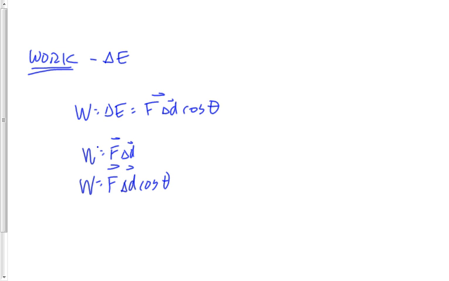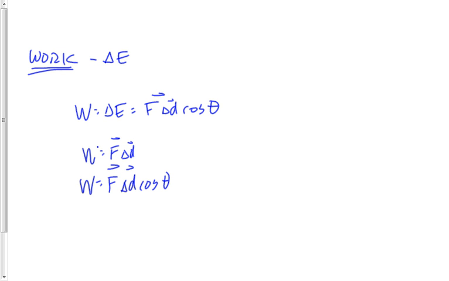What angle, though? Okay, so what does theta represent? An angle, but what angle? The angle of the sun above the earth? Okay, so it's the angle of the force relative to the angle that it moves at, right?